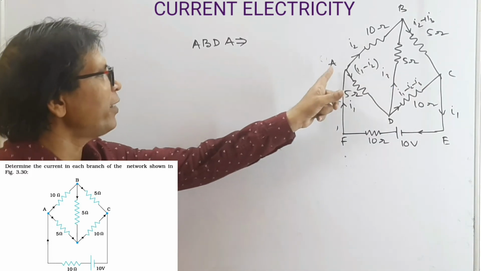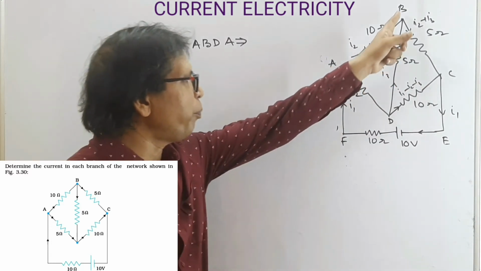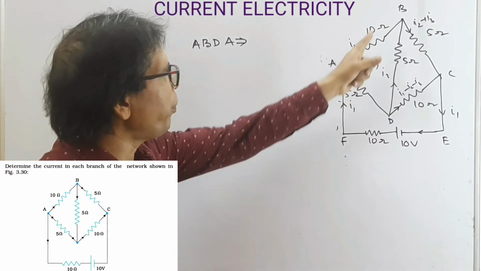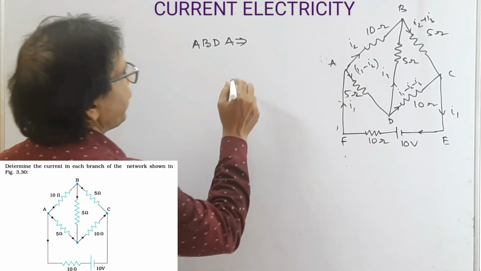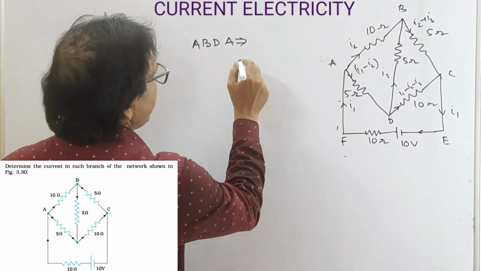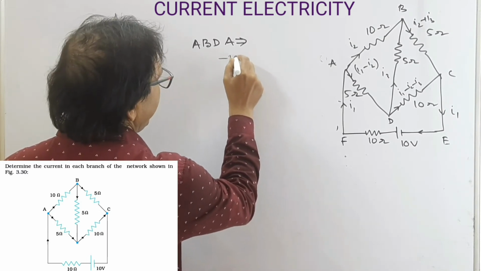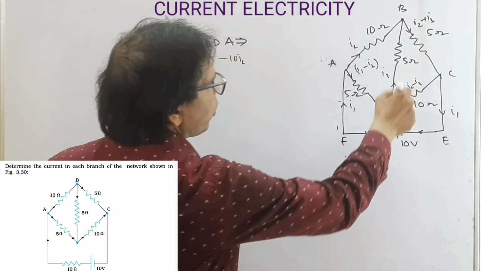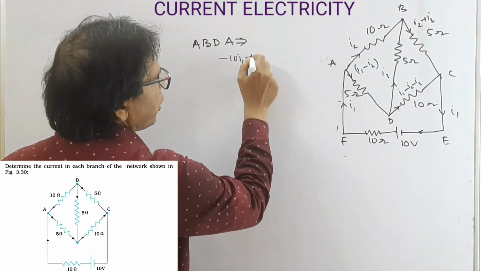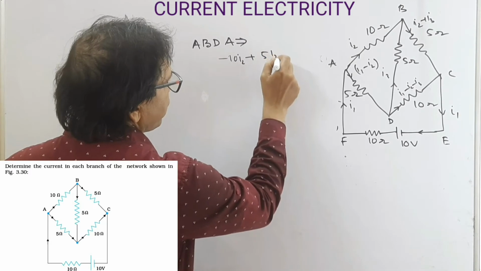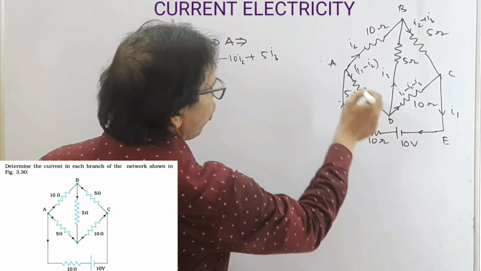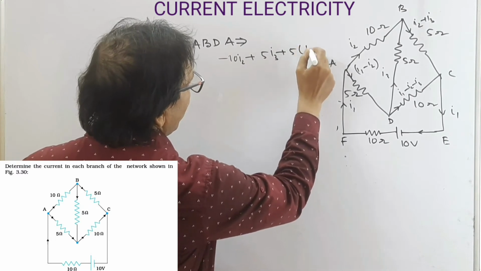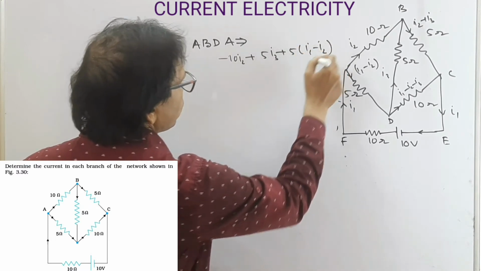Now look at this, in the branch A, B, D, A. Look at this, AB is in the direction of current, so this is minus 10 I2. And this is opposite to the direction of current, so this is 5 I3. And this is also opposite to the direction of current, so this is 5 into (I1 minus I2).